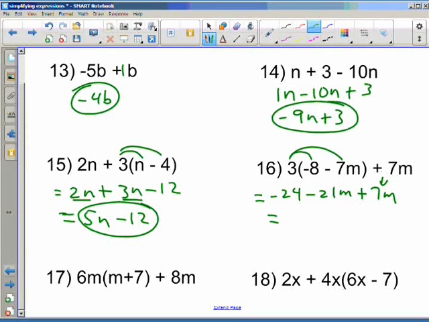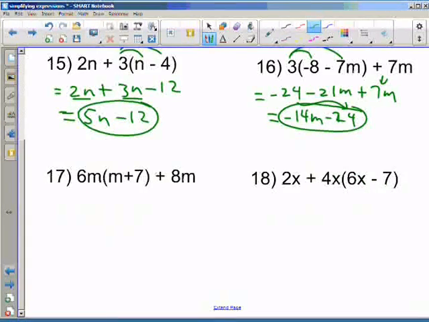I like to have my variable term first. I get a negative 21 plus 7 is a negative 14m, and then bring down the constant, minus 24. The order won't matter. Negative 24 plus 4 or minus 14m would be the same answer. Go ahead and try 17, 18, and we'll move on.